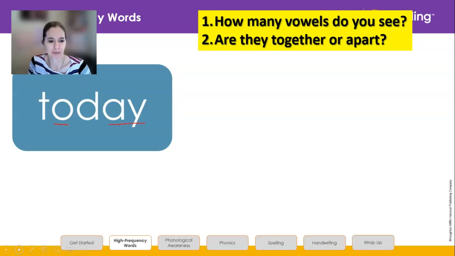Remember to keep that vowel chunk together, A-Y, at the end of a word. I'm just drawing these lines to remind you, you should draw your lines in your notebook.